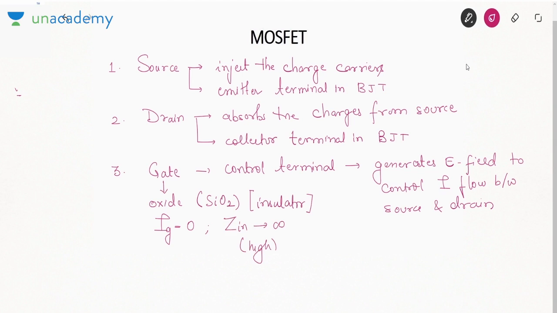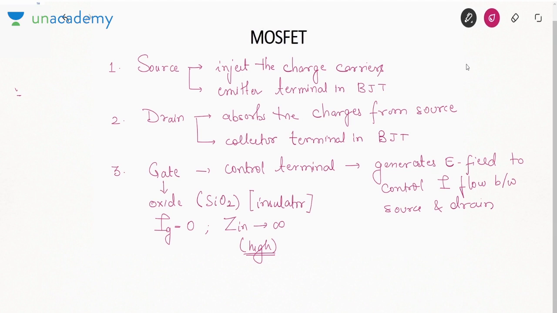The input impedance of MOSFET is very high because no current is flowing from the gate terminal. So if you take the ratio of voltage and current at the gate, you will get infinity. Okay. So that is the biggest advantage of MOSFET, that input impedance is infinite.